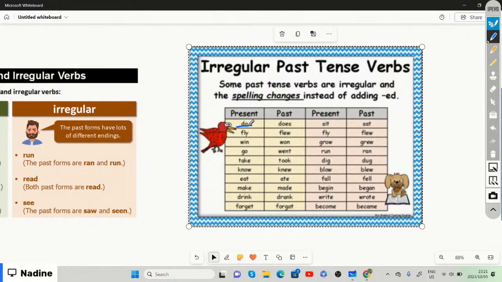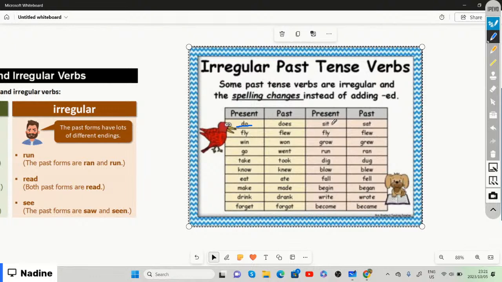And in the past, we say did. So do the chores, right? That is do. Do the chores. But in the past tense, he can say did the chores.